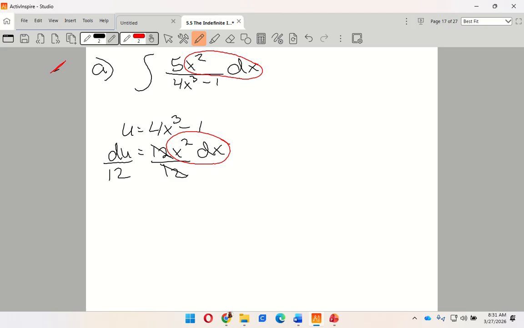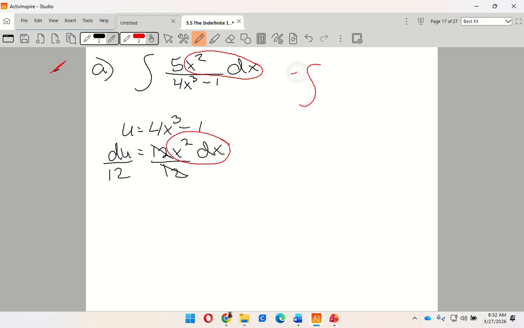Okay, what can I do with that 5? You can put the 5 on the outside, because the 5 is multiplying times the top, so it's just a multiplication. The 4 is part of the u. But if there was only a 4x cubed and not that minus 1, I could have pulled out the 4 too, and put the 5 over 4 completely outside. Yes? Okay.